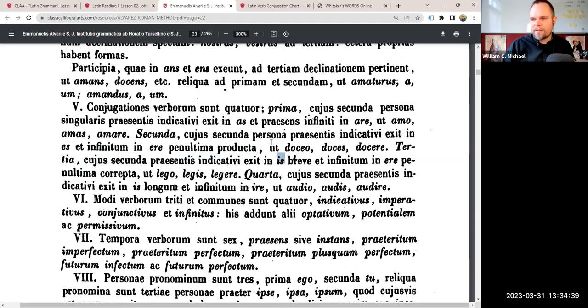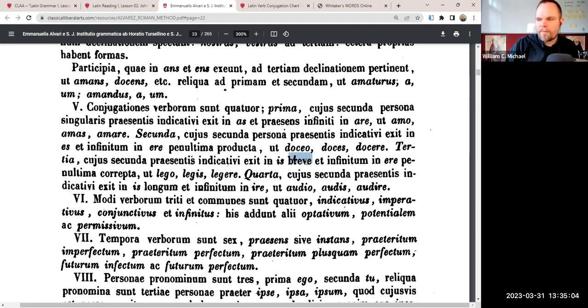It ends in is. So notice the third conjugation, even though the infinitive ends in ERE, there's no E in the present tense forms. And the reason why there's no E is because it's short and it drops out because it's short. So we're told that the present indicative, the second person, ends in is, and it's breve.